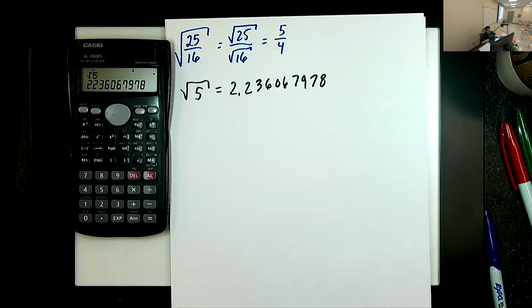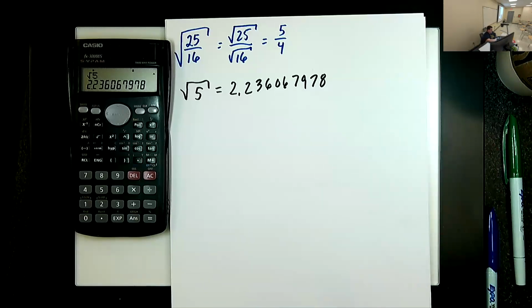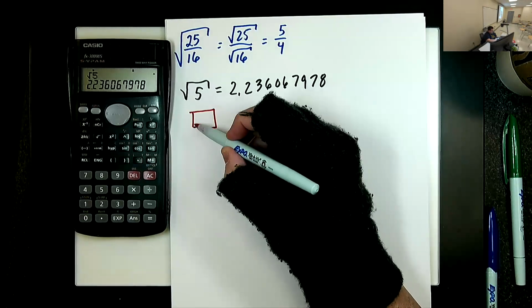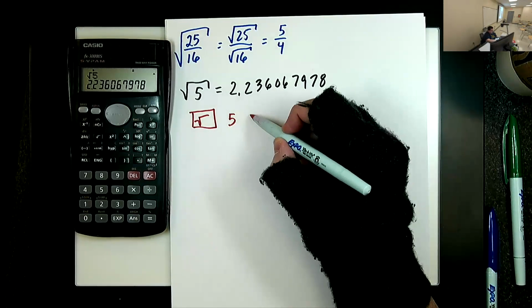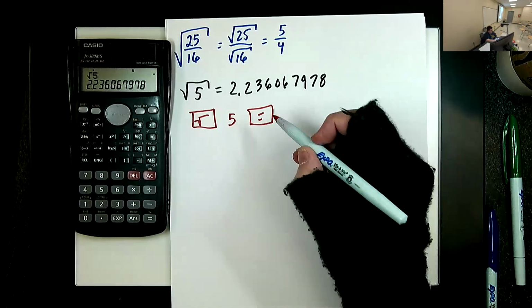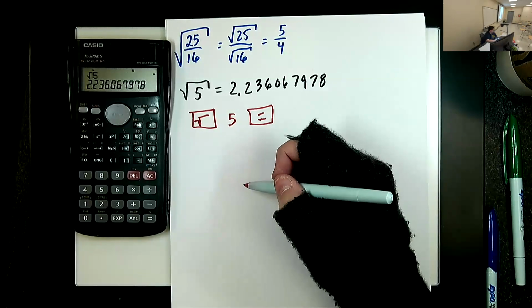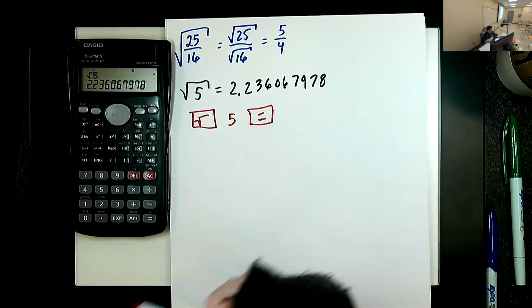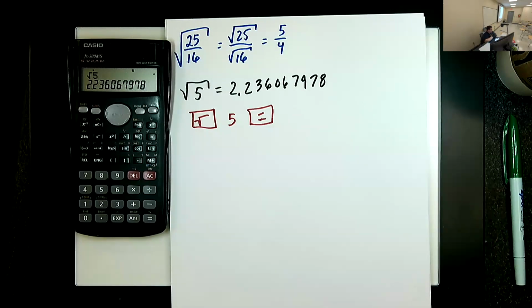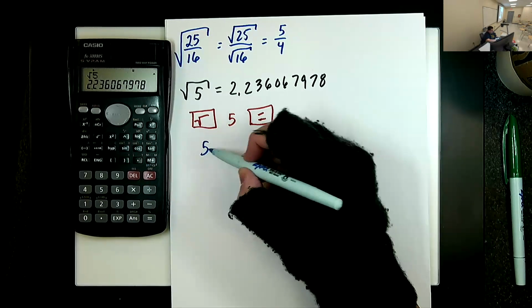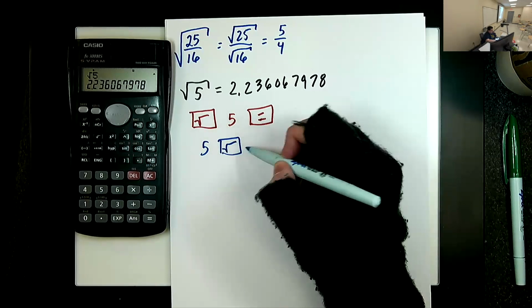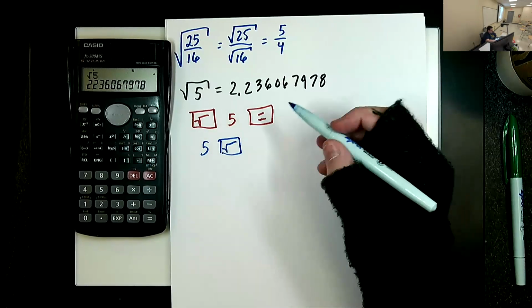Now in my calculator, I hit the square root key, I typed in 5, and I hit equal. Some calculators do a different order. Some calculators have you put the number in, then you hit the square root key, and you may not even need to hit equal.